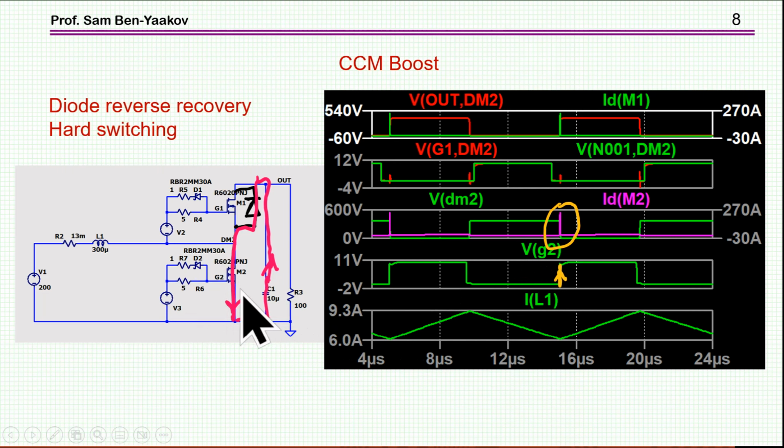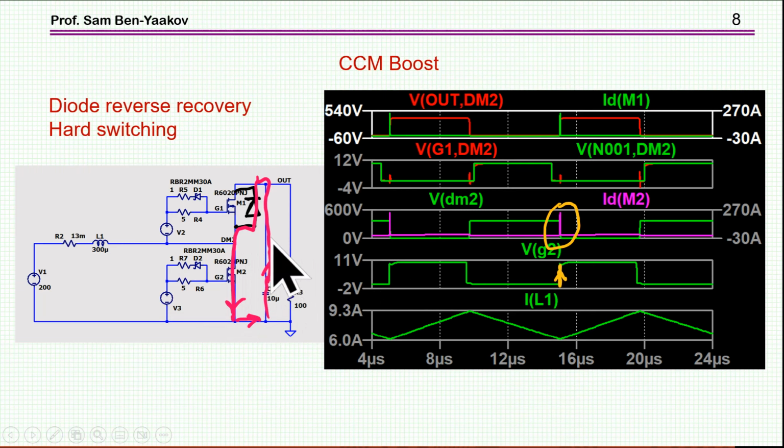So this is fine up to the point the lower transistor is now turned on to switch from the upper to the lower transistor. Here we have really hard switching, because we have a diode which is conducting, since during the dead time we are turning off the transistor, so the diode is actually conducting. We turn on this transistor here, and we have hard switching due to two reasons.